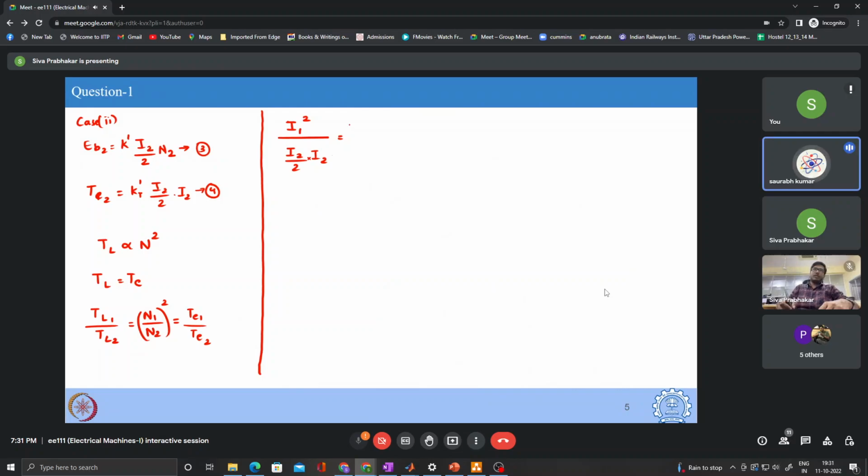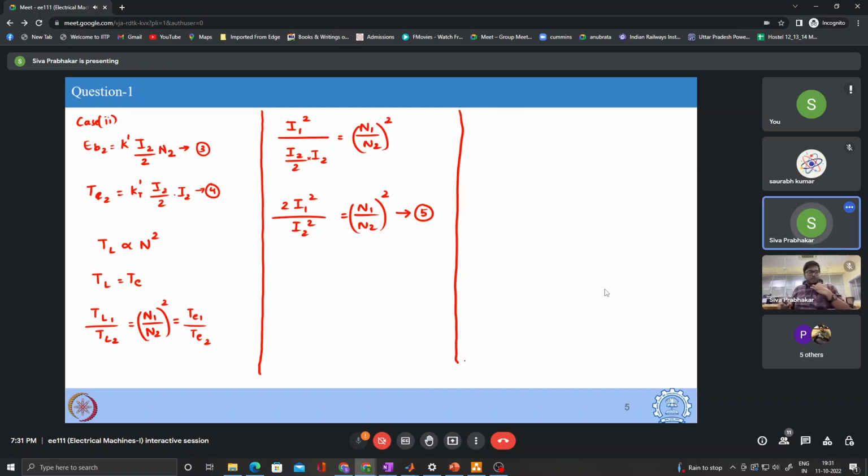So N1 by N2 the whole square. So these things we can write. So here it is nothing but 2I1 square by I2 square equal to N1 by N2 the whole square. So this is my equation number 5.